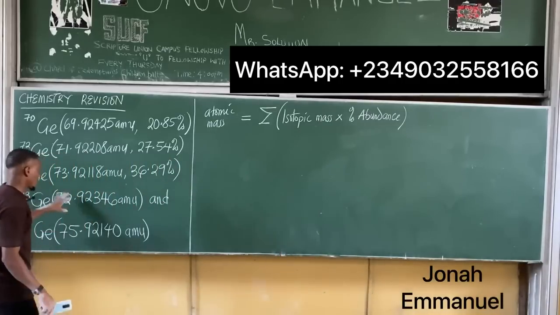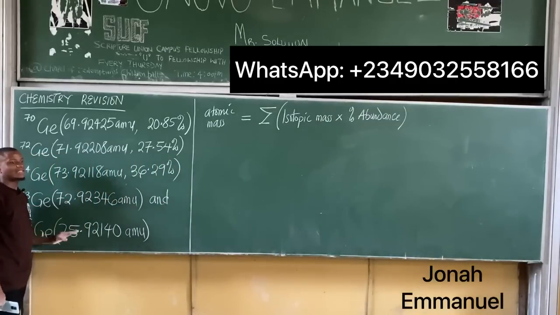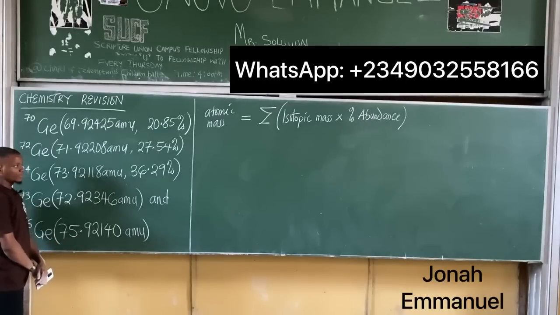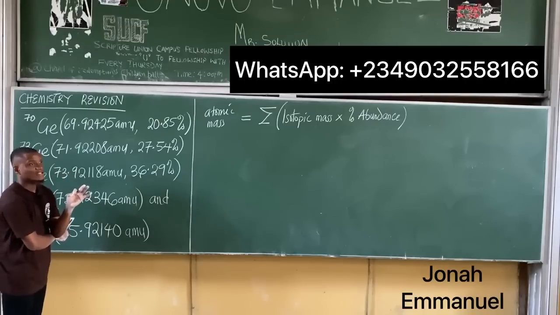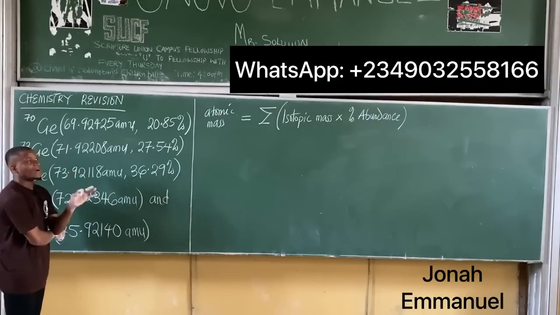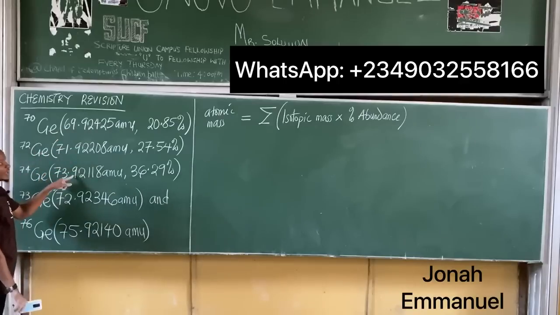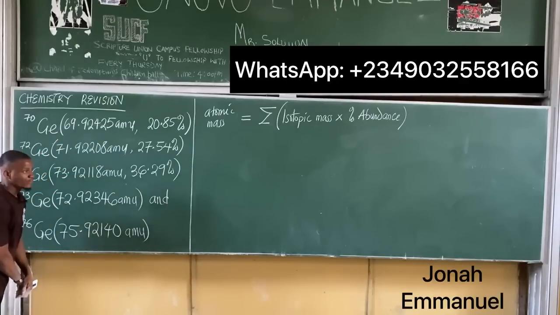This one here is quite technical. In other examples, they'll say, given that the atomic mass and percentage abundances of the isotopes of germanium are 1, 2, 3, find the atomic mass of germanium.